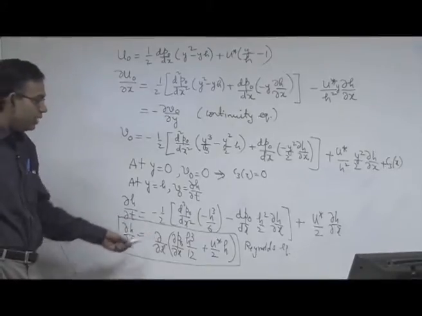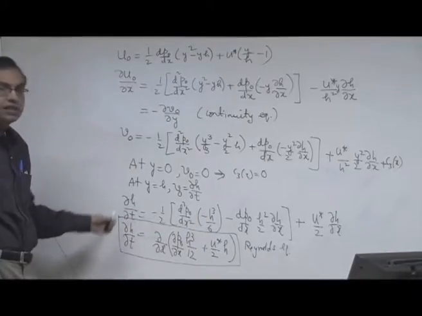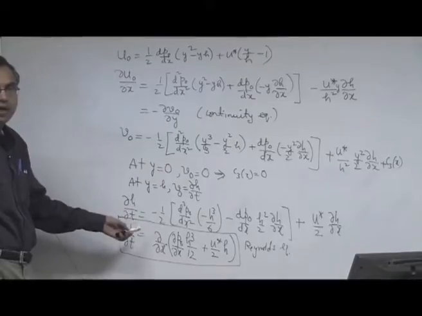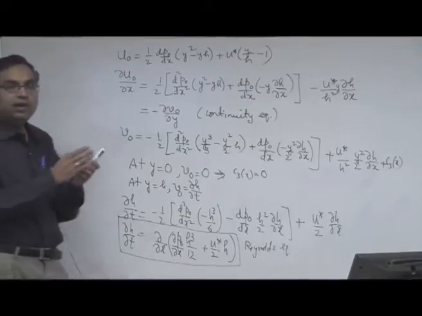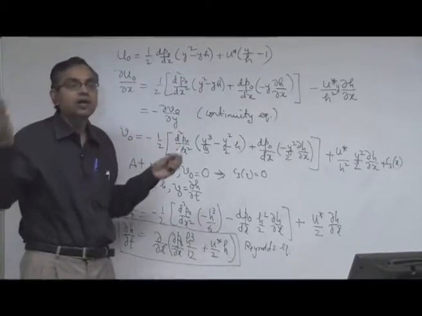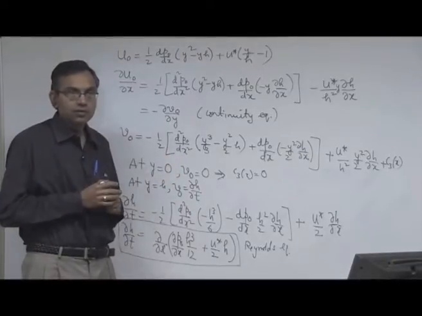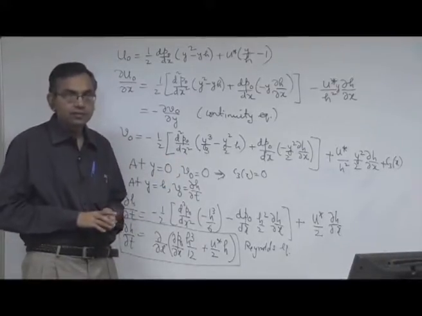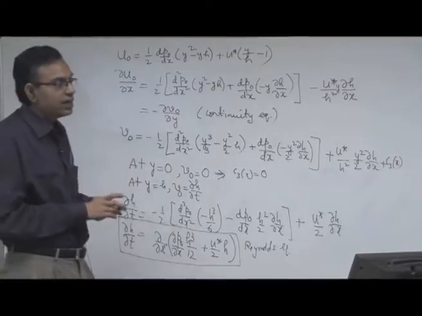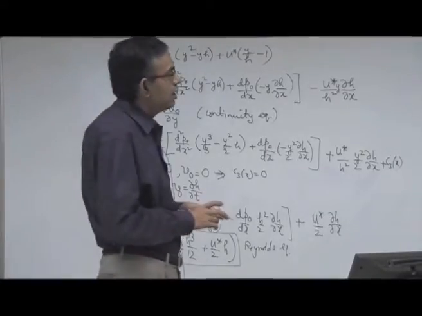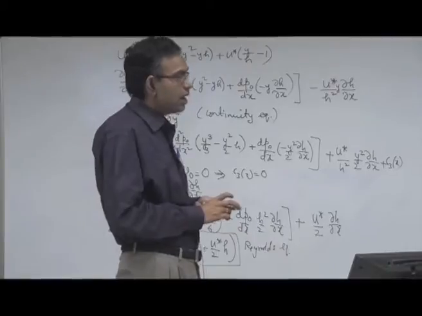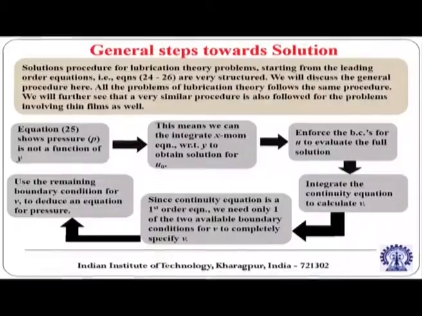If you now integrate this equation for a given scenario, then that will give a distribution of pressure, and when you integrate the pressure over a surface, that will give you the total force, which is of engineering interest. So, now let us go through the general steps of the solution, and we can now appreciate how the general steps of the solution have been applied.